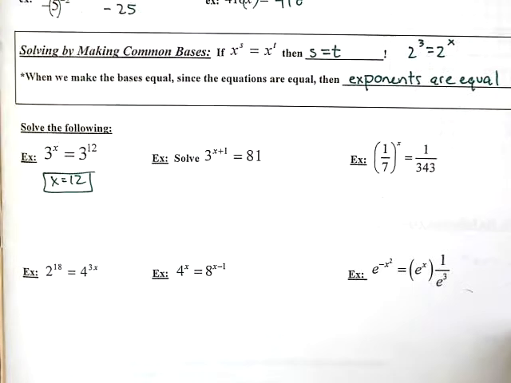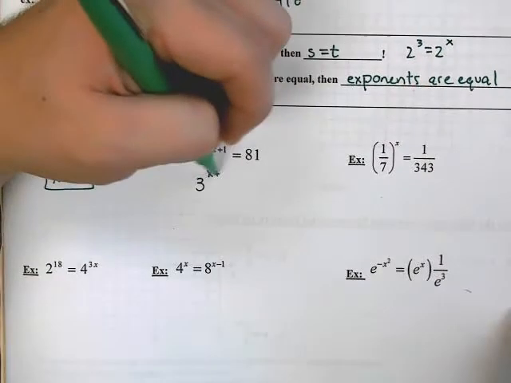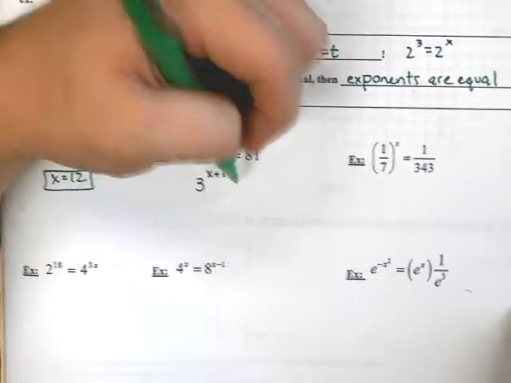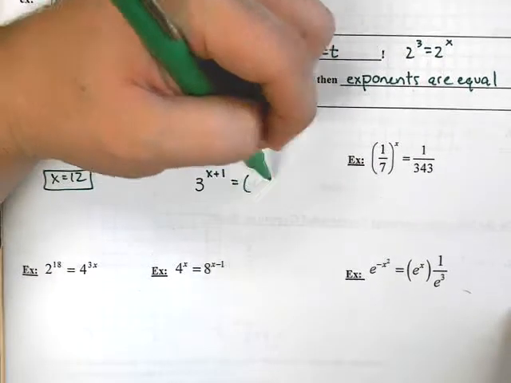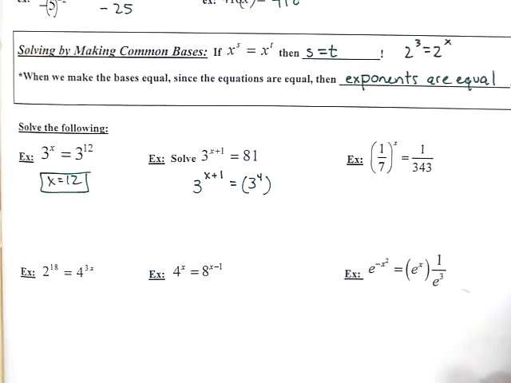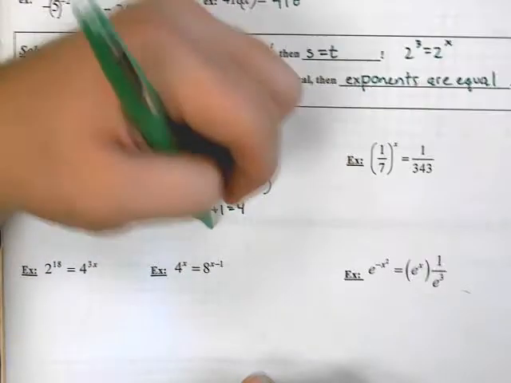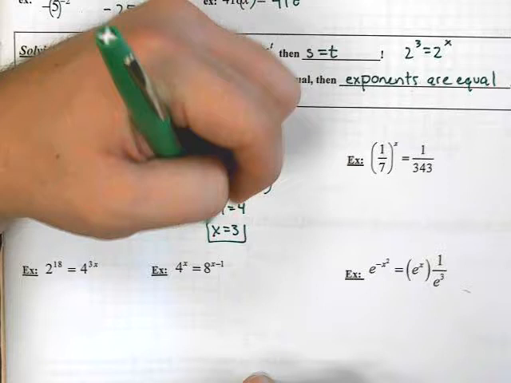I don't know if you guys can, so you need to brush up on these. I'm going to leave this as 3 to the x plus 1. I'm going to rewrite 81 as 3 to the 4th. I do that because now I know that x plus 1 must equal 4, or x has to equal 3.